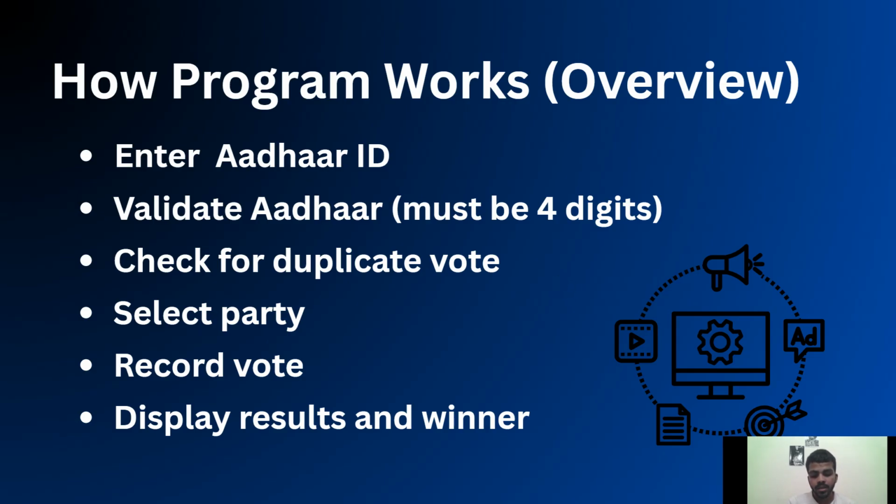Then it asks the user to enter the total number of voters. For each voter, it asks for the 4-digit Aadhaar number and checks if it is valid. If the Aadhaar number is already used, the system rejects it to prevent double voting. Once validated, the voter selects their party and the vote is recorded.